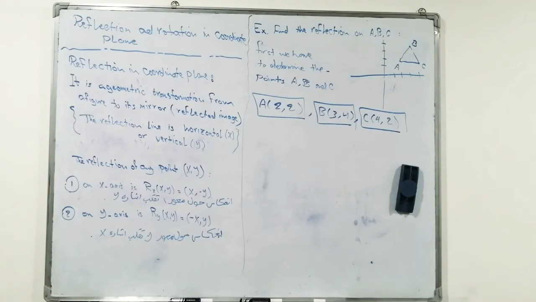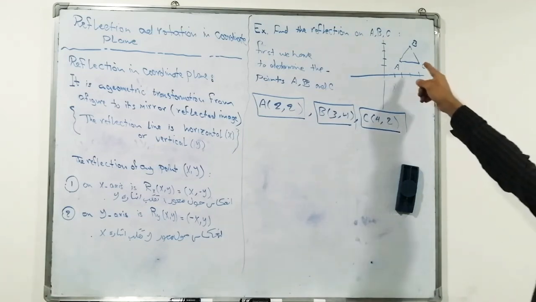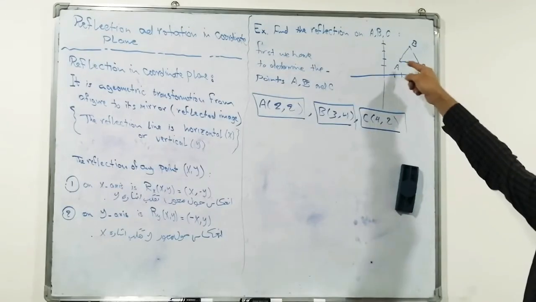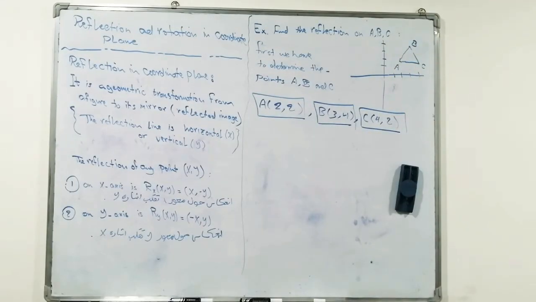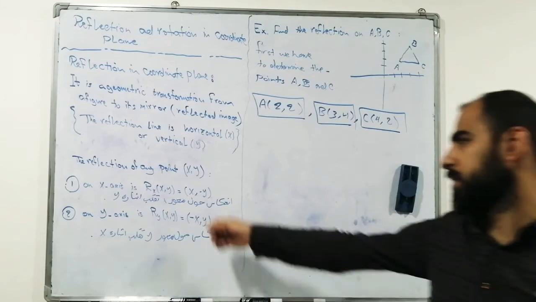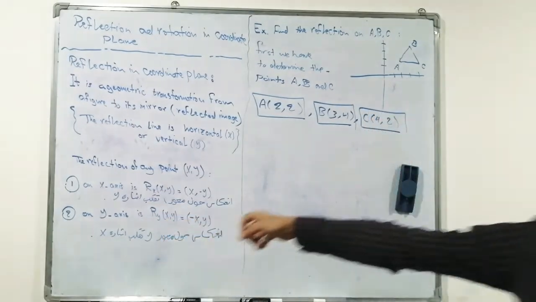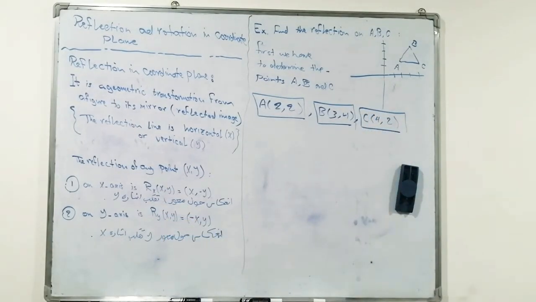Now after we determine the points of the given figure, we have to find the reflection of the triangle ABC over x and over y. We know how to find the reflection of any point or figure over x and y by applying the rule of reflection over x and reflection over y.